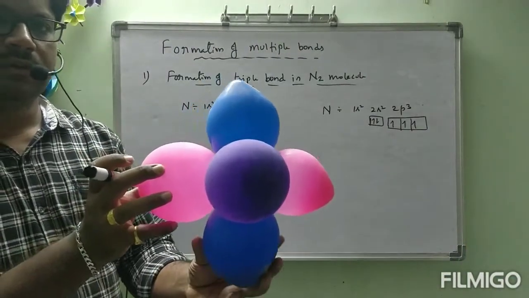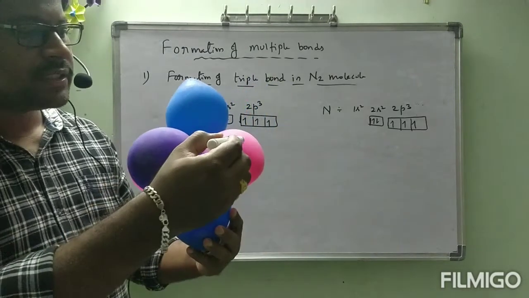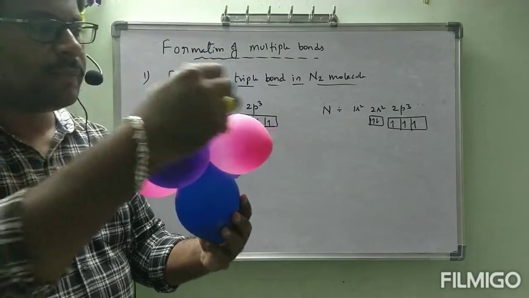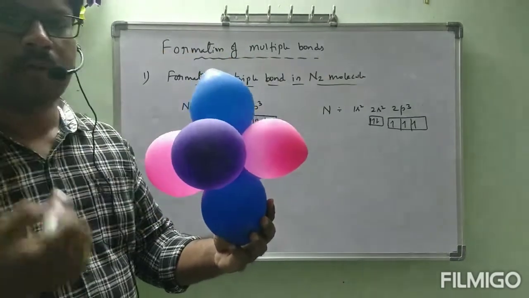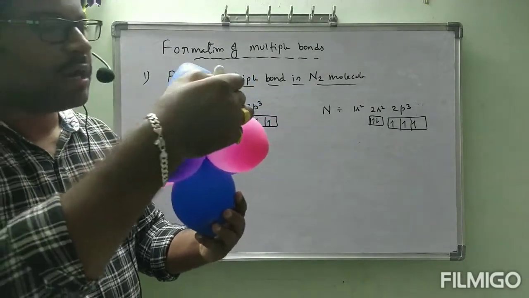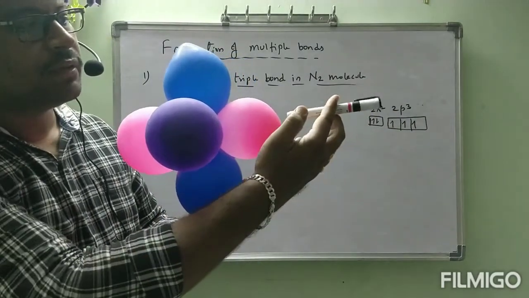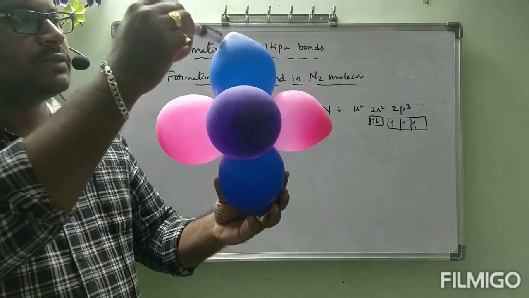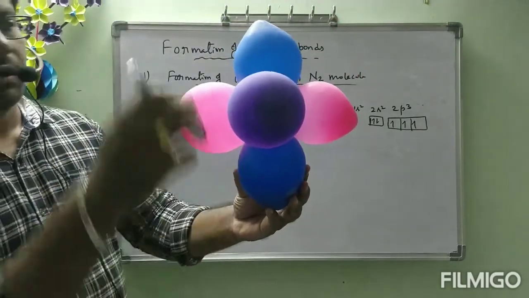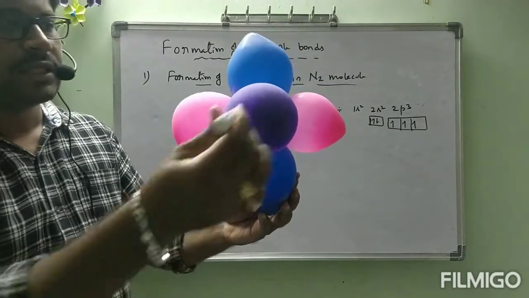Observe this one, all of you. This pink color, two balloons are there. It is like one p orbital, a dumbbell shape along the x-axis in this direction. Next, this blue colored one is along the y-axis.